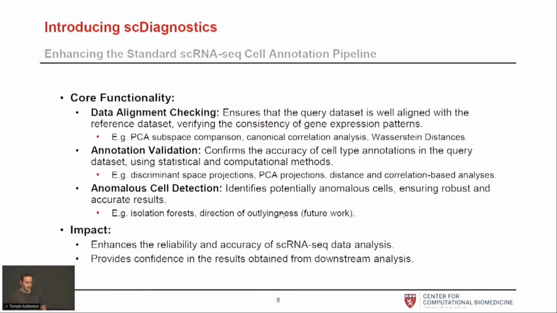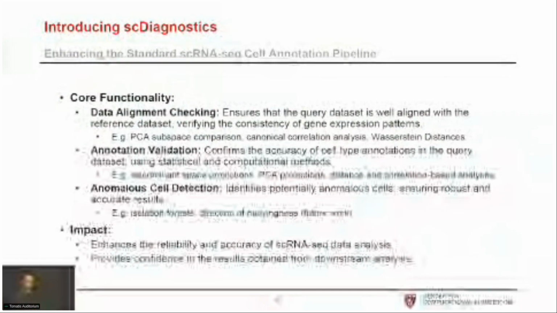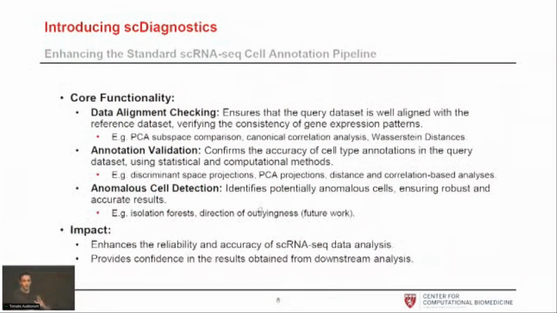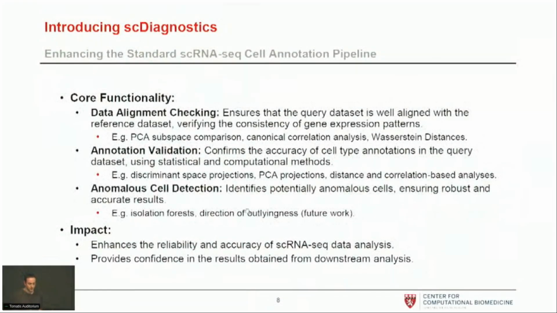My background is purely statistics, and there's a very hot topic right now in robust statistics, which is the direction of outlierness in high dimensional statistics. It's a way to, in a high dimensional space, identify what we call correlation outliers. These are outliers that are not marginal, but in a high dimensional space, they're hard to detect. But there's methods now to actually detect them. So this is more future work.